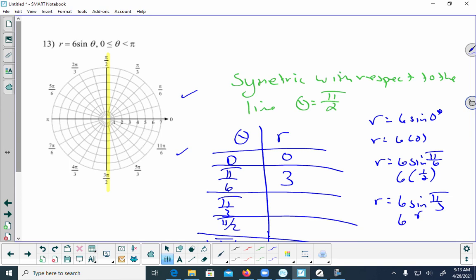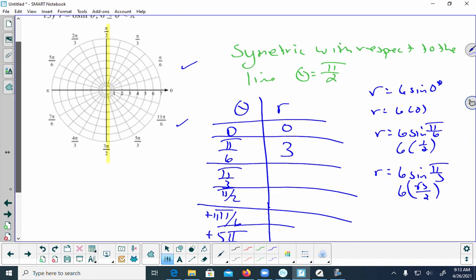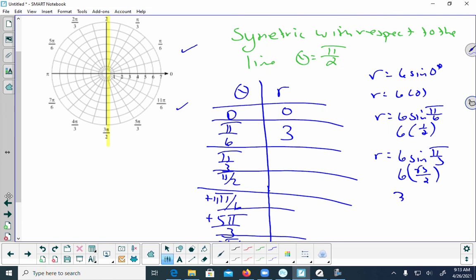So 6 times the square root of 3 over 2, which is going to be 3 times the square root of 3. And then r is equal to 6 times the sine of pi over 2, so 6 times 1, which is 6. So that's probably going to be my max. But just to verify, I would find 3 pi over 2 as well.